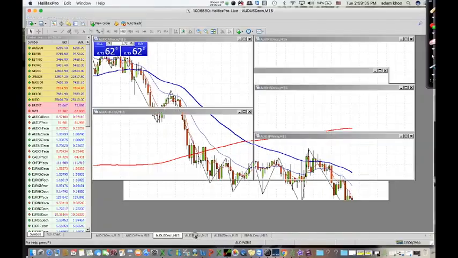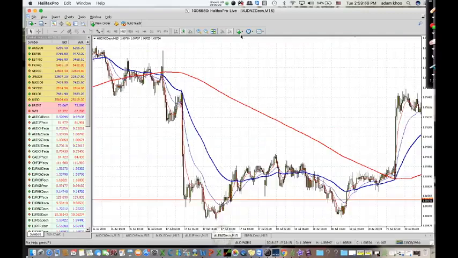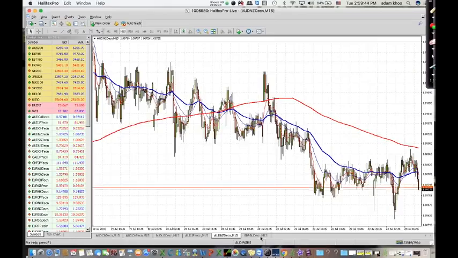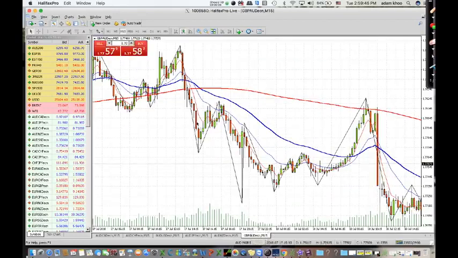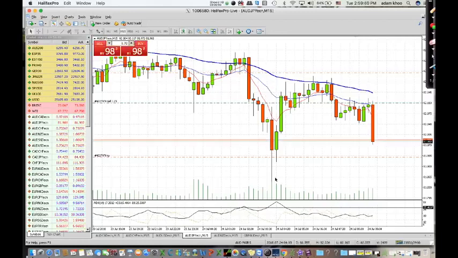Aussie dollar, Aussie yen, which is the trade I'm taking, Aussie New Zealand, right, went down, and so you can see how correlation works, right? So when one goes down, they all tend to go down. So we like to trade pairs again with really great correlation.